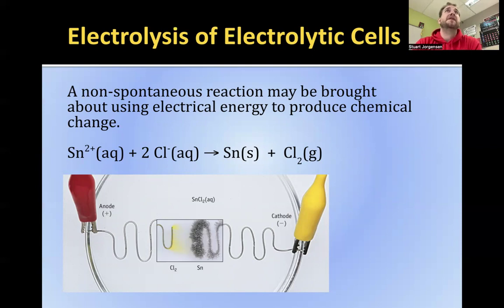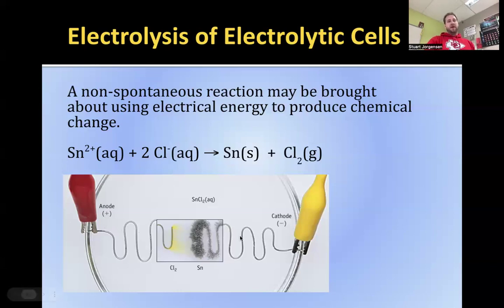The E, the cell potential. When we do the math, E is going to be negative, and the sign just tells you how much energy you've got to put in to get the reaction to go. It's the exact same math. We're just going to have a negative number, and that's the voltage we have to meet or exceed to get the reaction to occur.